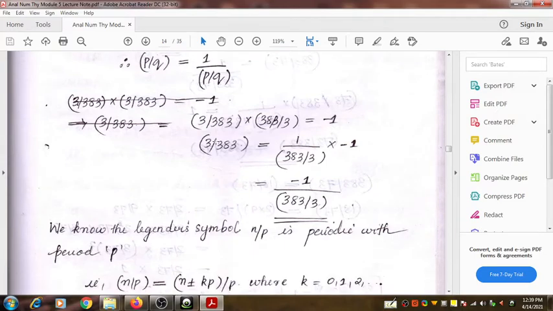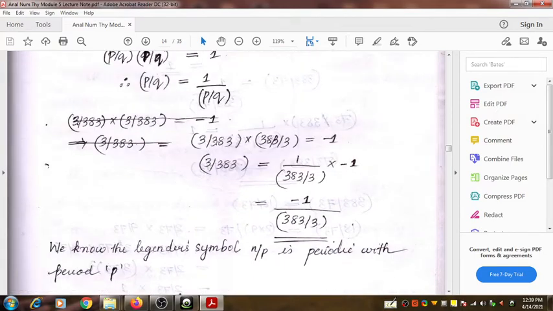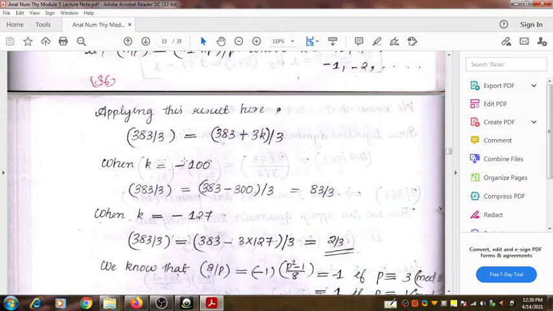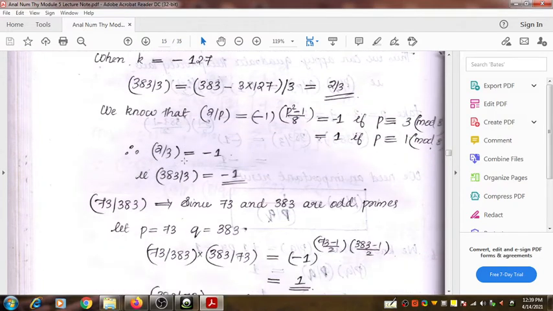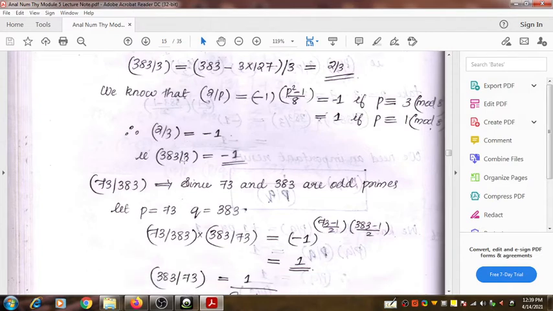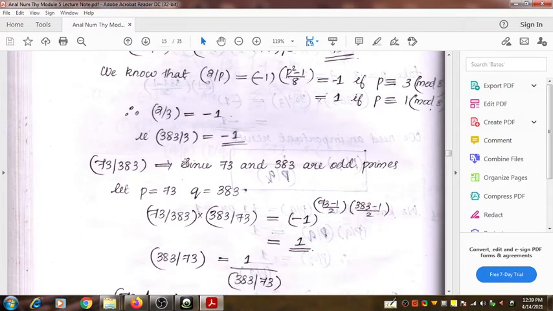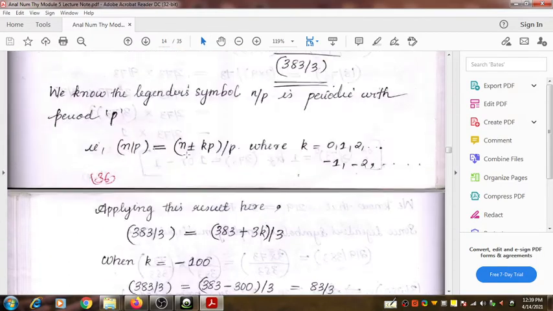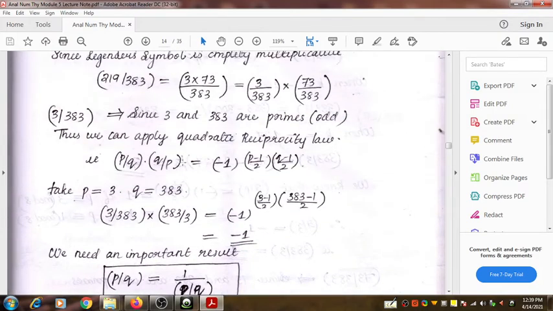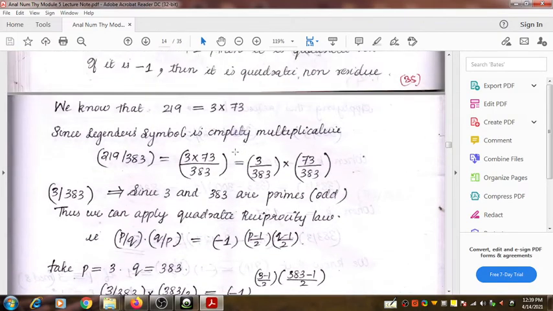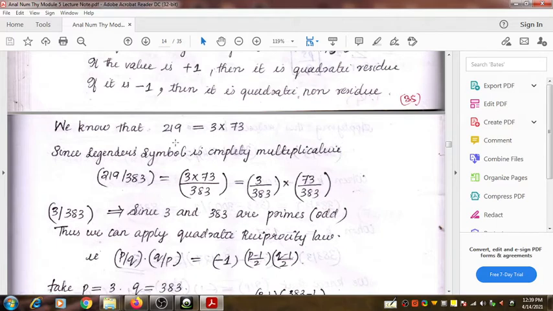What about the number 73? 73 is also a prime number, so we cannot divide it further into factors. So 219 equal to 3 into 73 is the prime factorization.